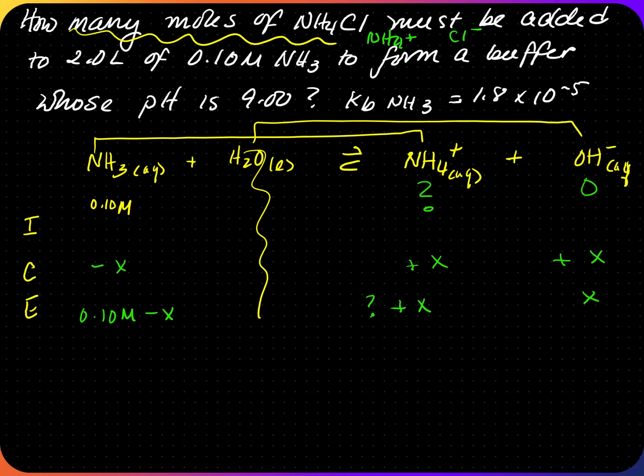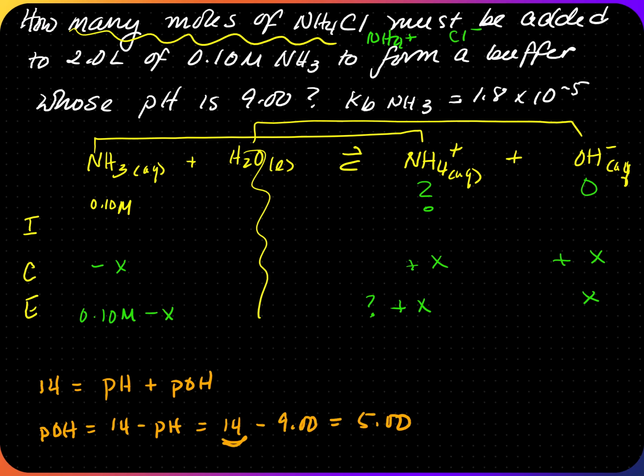Since pH is given, we know the concentration of OH minus at equilibrium. 14 is equal to pH plus pOH. Therefore, pOH is going to be 14 minus pH, which is 14 minus 9.00, which is 5.00. 14 will not count as part of the sig figs because it is a given constant.